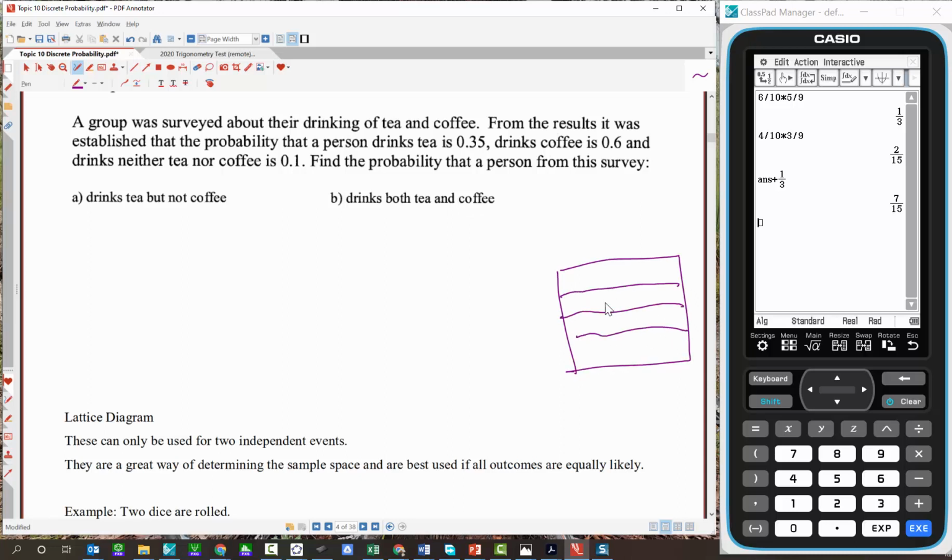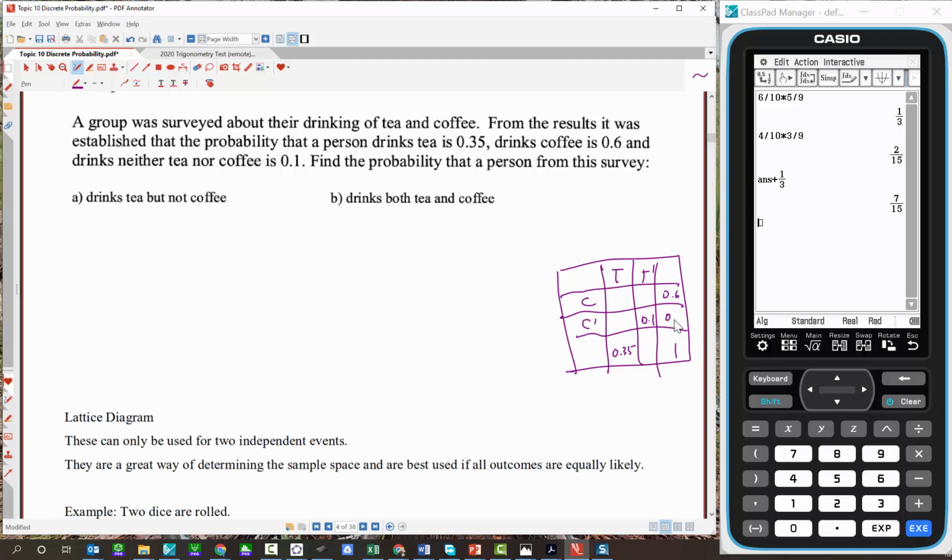What I'm going to do is draw up a table. So we've got tea or not tea, coffee or not coffee, and 1 is our total here. So from the results, it was established that the probability a person drinks tea is 0.35, drinks coffee is 0.6, and drinks neither tea nor coffee, 0.1.